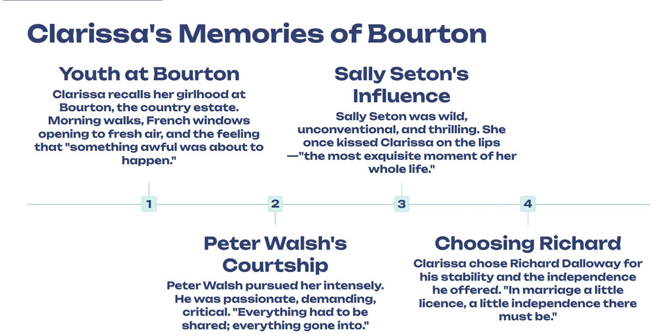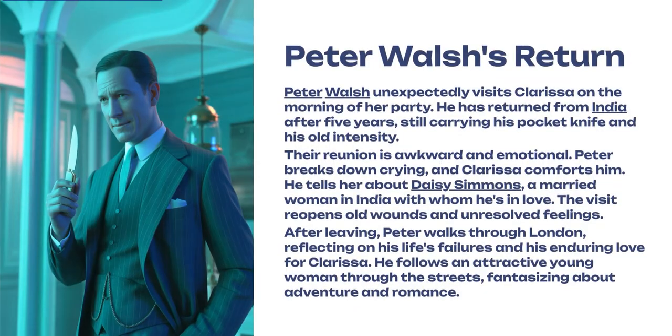He wants all the things of Clarissa to be dealt with as the concern of Peter Walsh. So she didn't like that clinginess and she moved to Richard. But Peter Walsh and Richard are at two extremes. This fellow wants everything to be shared, and this fellow didn't even care about Clarissa. Whatever you do, you can do. He is letting her do anything, but this is also deeply hurting Clarissa.